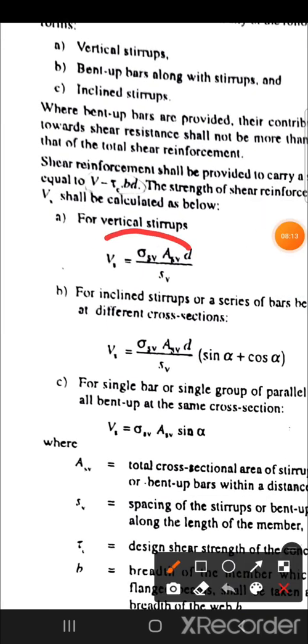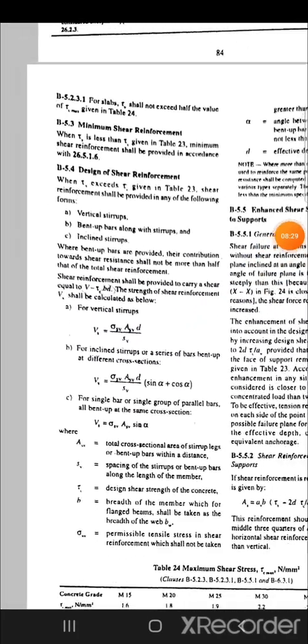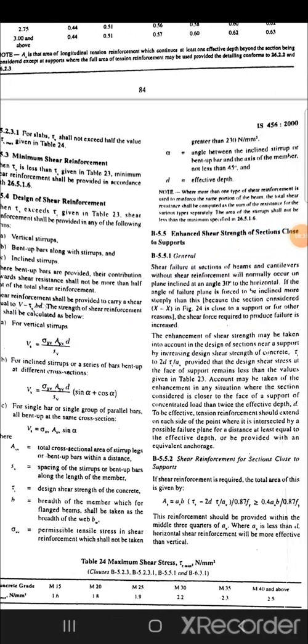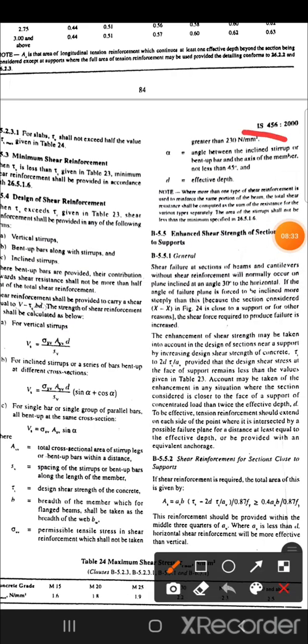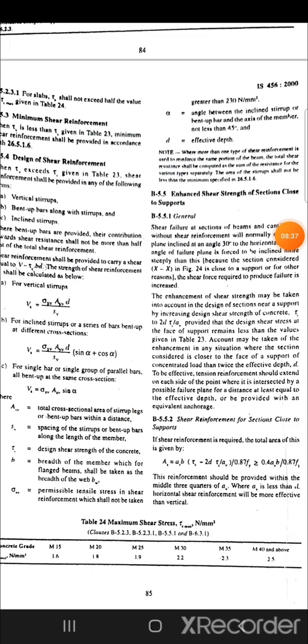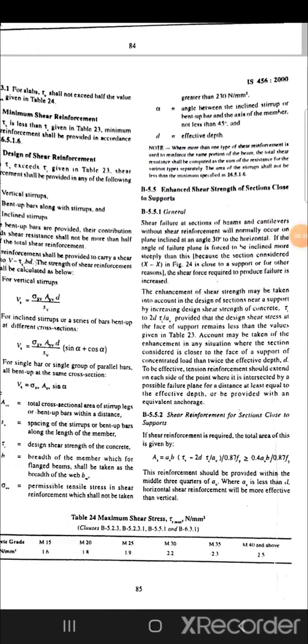So the formula for vertical stirrups is Vs equal to sigma SV into ASV into D by spacing. Vs formula is V minus tau c into breadth into depth. This is in IS 456 page number 85.